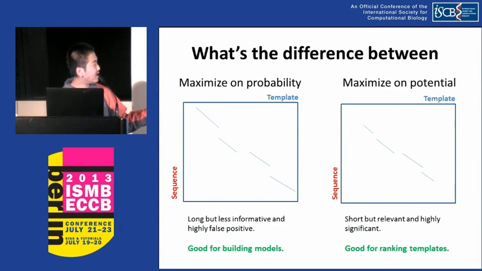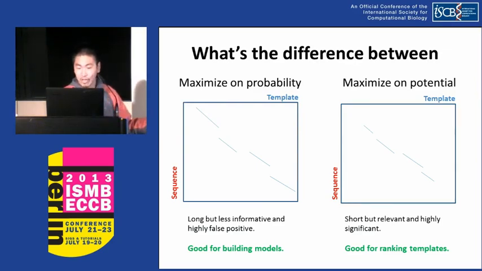So the generated alignment may be quite long, but with high false positive aligned positions. This is the drawback of maximizing on probabilities. While if we maximize on the potentials, the resulting alignment path will be relatively shorter but more significant, as well as more relevant to the background.